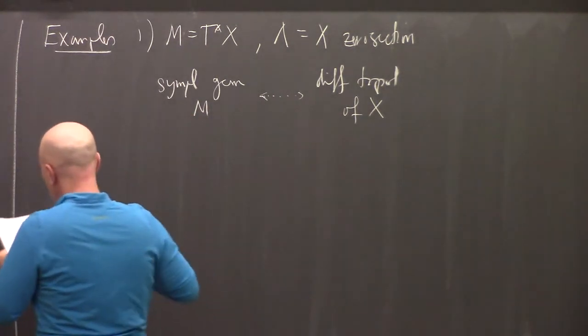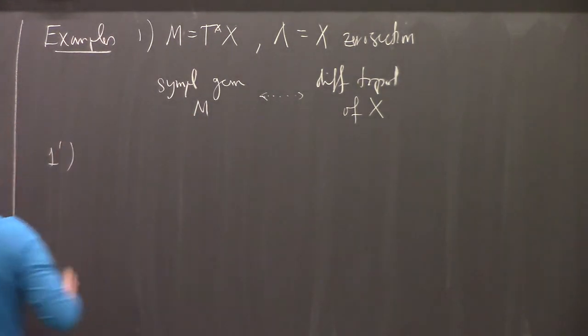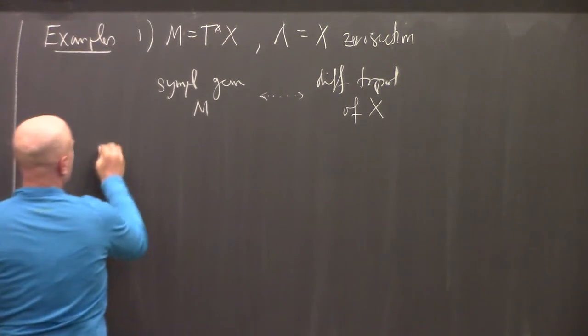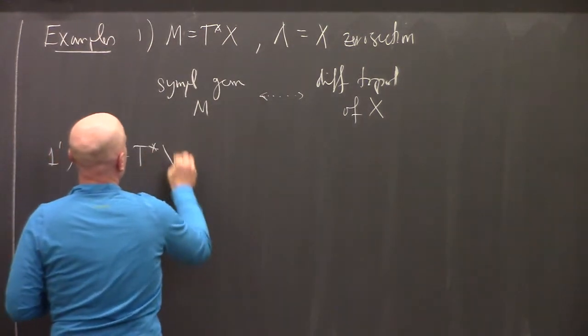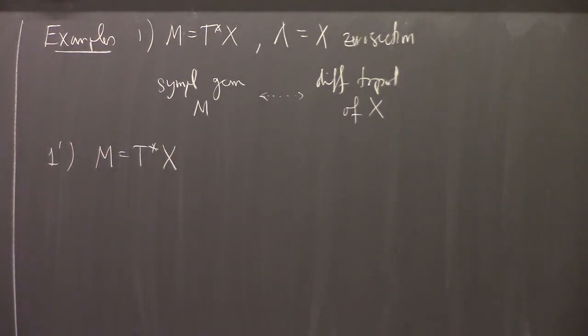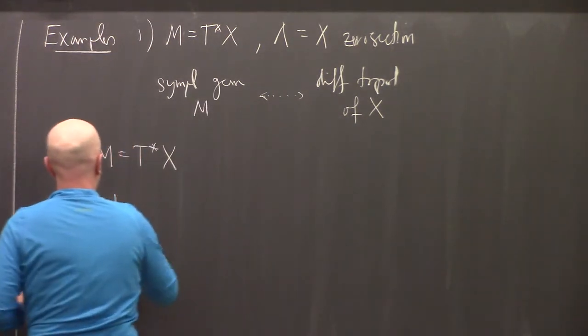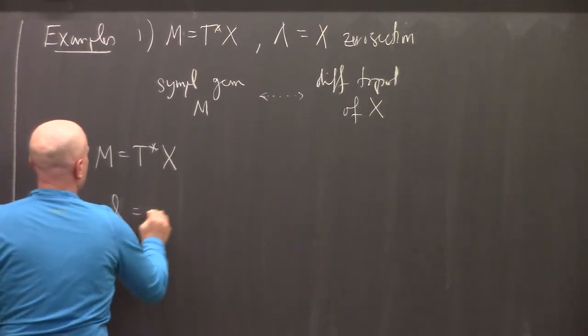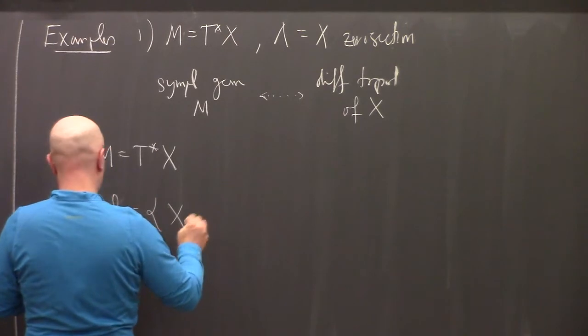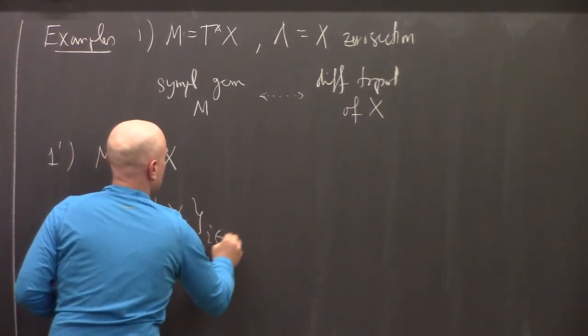Okay, so the second example, let's call it 1 prime, is where we keep the symplectic manifold to be T star X, but now we fix a stratification of X. So let S be some stratification, with strata X_i, where I is an index set.